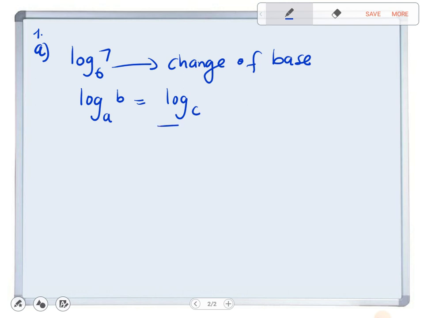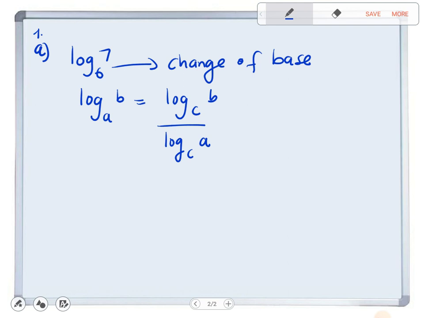If you know the formula for change of base, it means you are transforming this logarithm to a new base. Let's call it c, but the rest you maintain. Now this base c is a base that you can easily work around with. You pick which base you need. In most cases we just pick base 10 because it's the easier one.